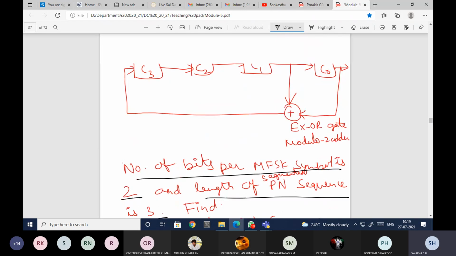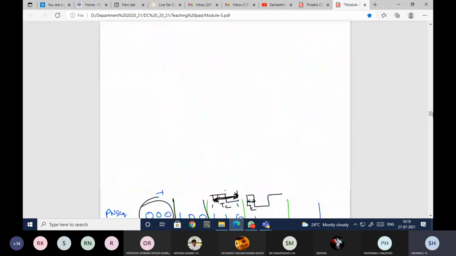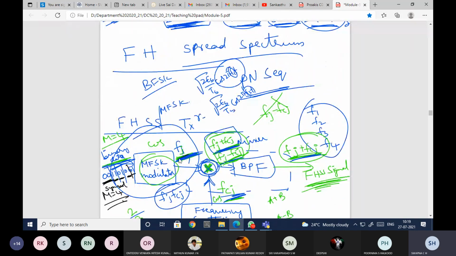If you take the transmitter, this Fj is nothing but F0, F1, F2, F3. In the same way, if you segment the PN sequence with 3 bits, then Fcj is Fc0, Fc1, and so on until Fc7. These are the frequencies that will be given to the mixer.